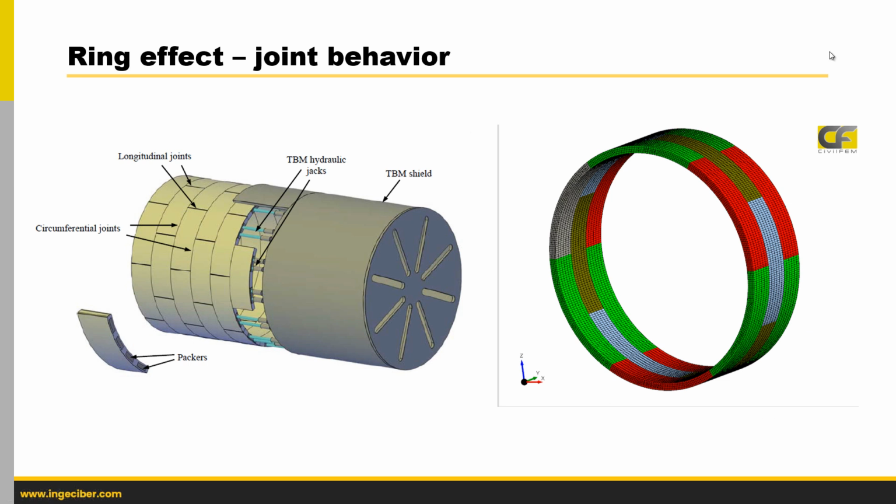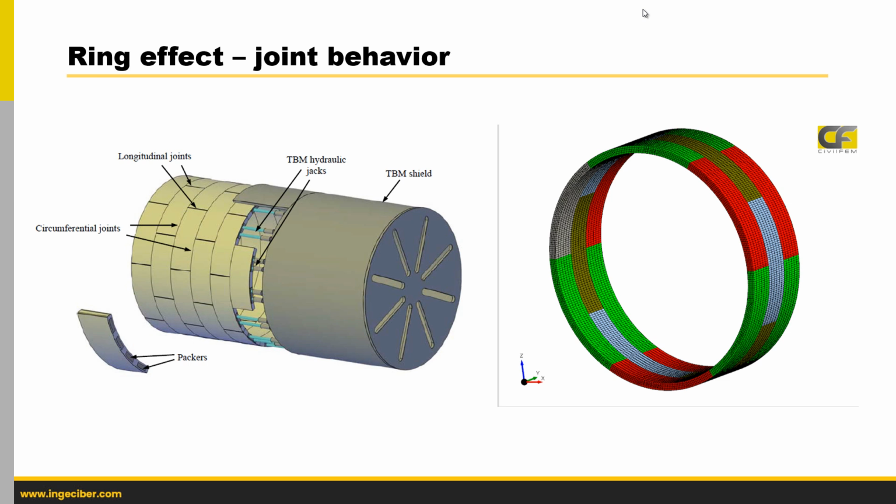So also with CivilFEM we could model the total rings, the ring effect and the joint effect with the whole circumference. The previous examples were based on that paper, and it was used to compare CivilFEM results with the real tests that were done.